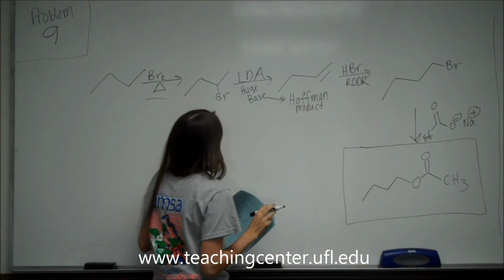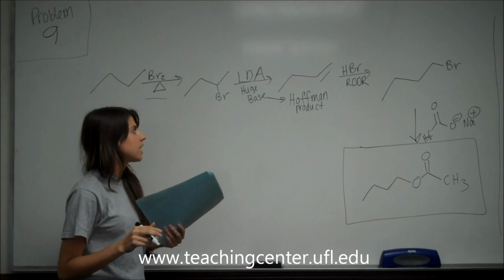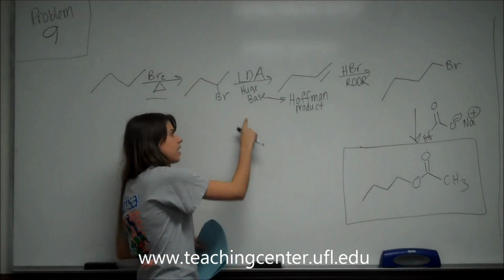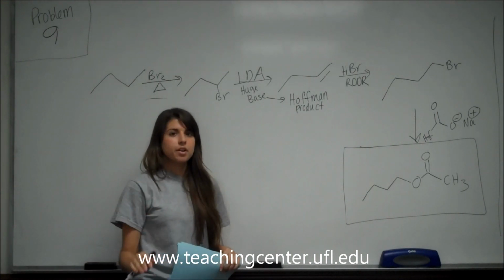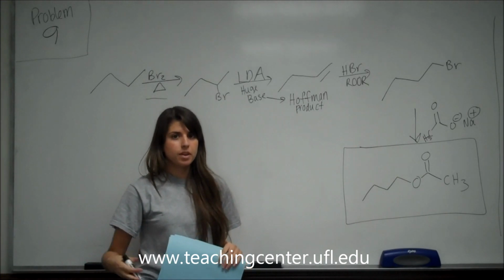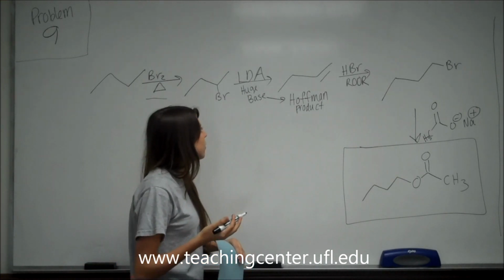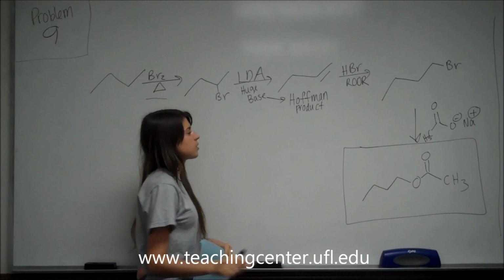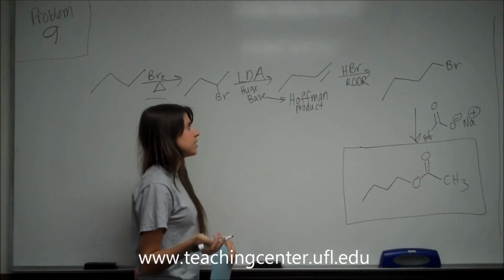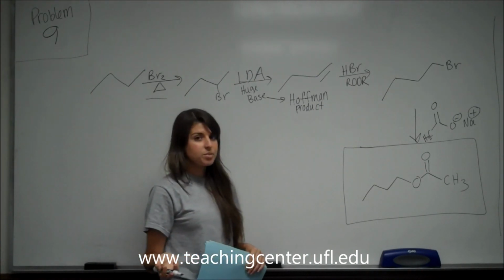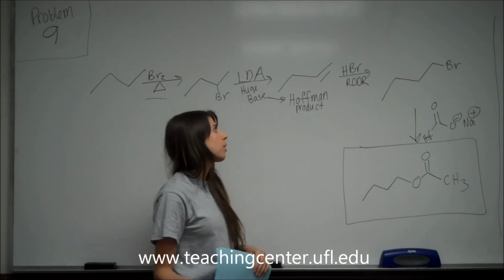Then, the second step given was LDA. We know that LDA is a really huge base, and when we think huge bases, we think Hofmann product. So when we have a huge base, it's going to eliminate to form the less highly substituted product.